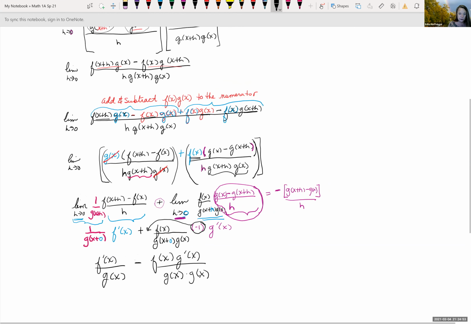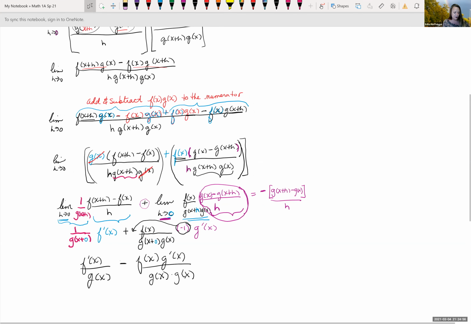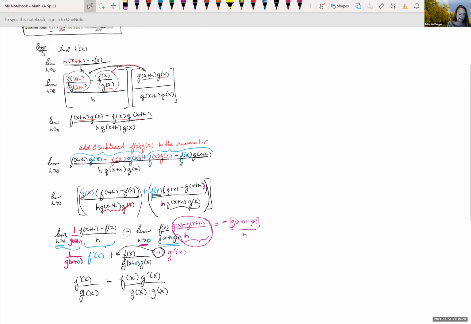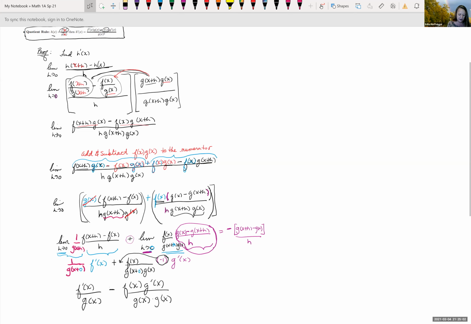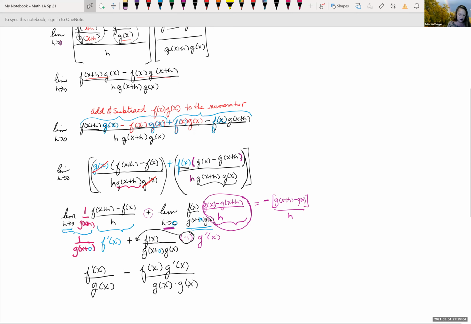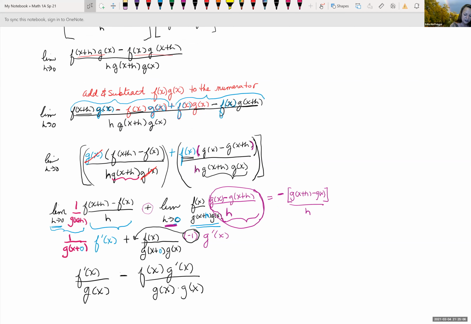I'm almost to the definition or the rule. If I combine that as one fraction, notice I'm going to get that g squared in the denominator. I need a common denominator, and my common denominator is g of x times g of x. And so I need 1 g of x in the denominator of the first fraction, so multiply it by 1.